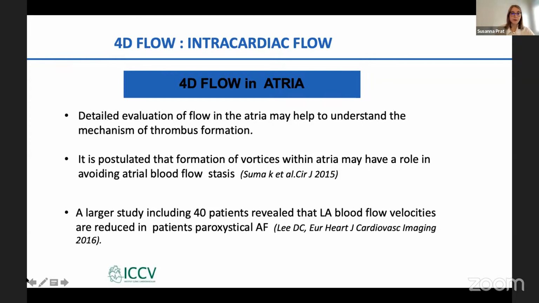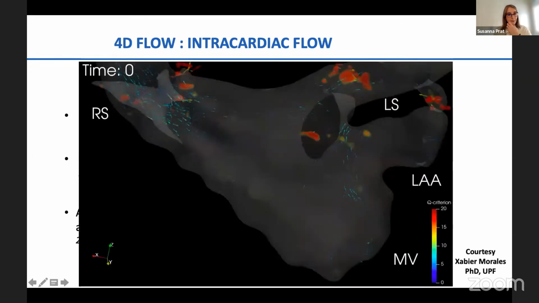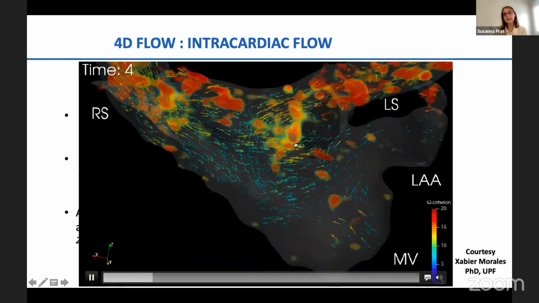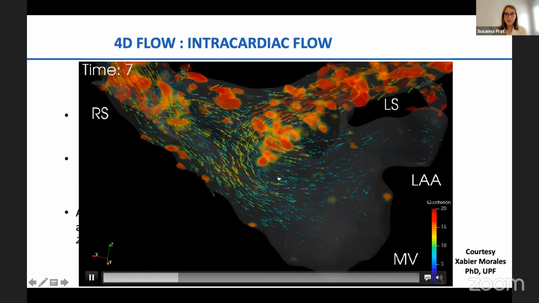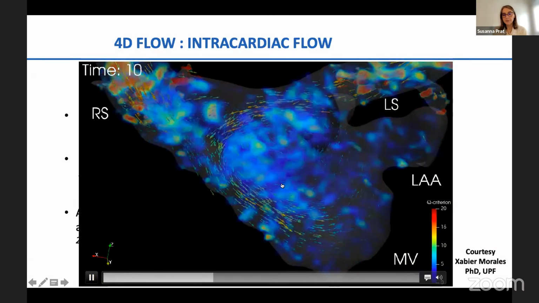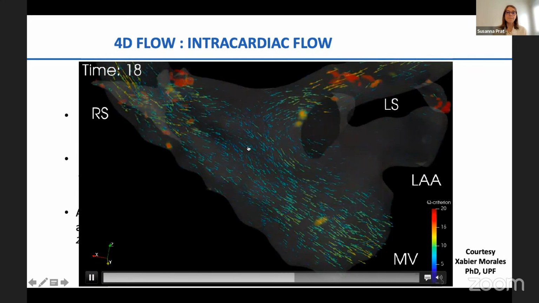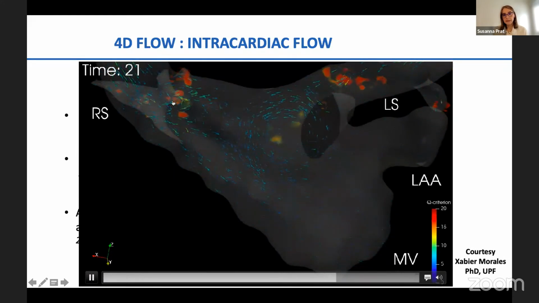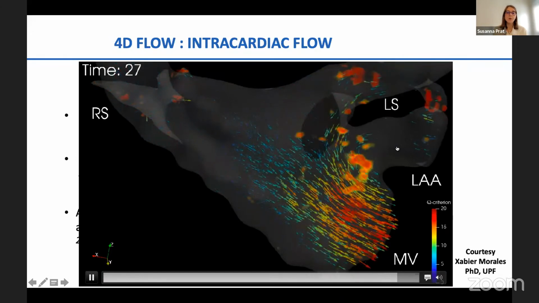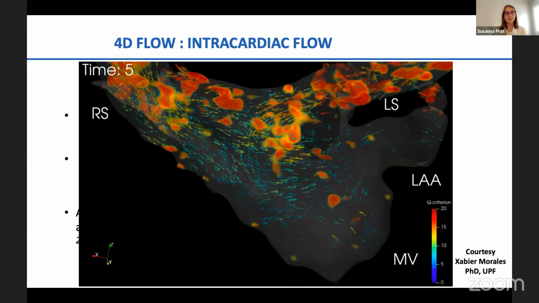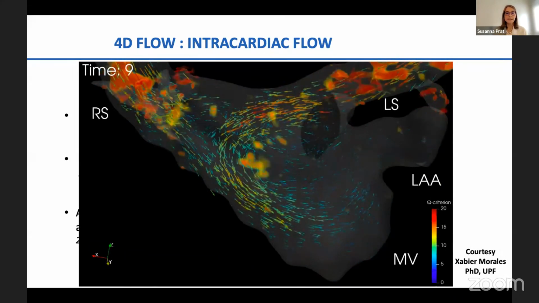And I want to show an example, a case from our center shared by our colleague from the medical engineering group. We can see the pulmonary veins, and this is the left atrial appendage, and how they represent with our data all these vectors and vortices.